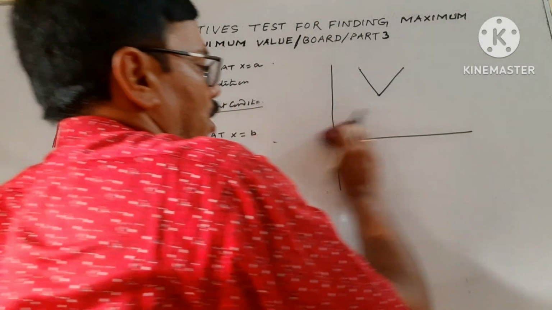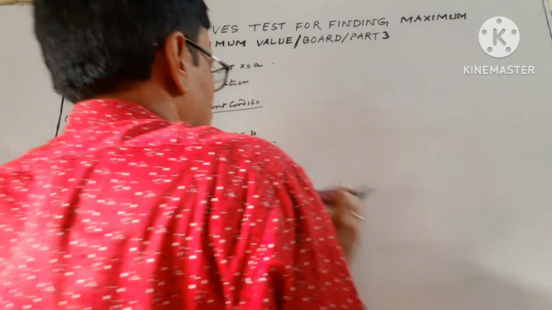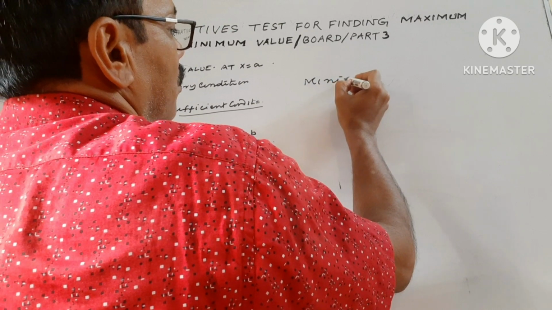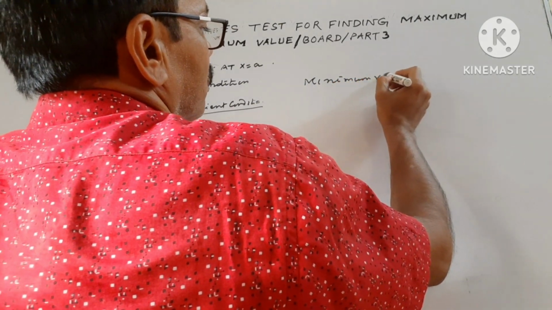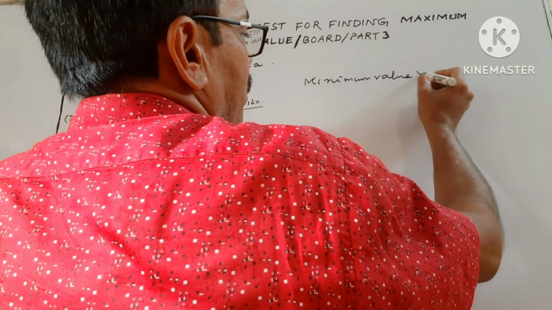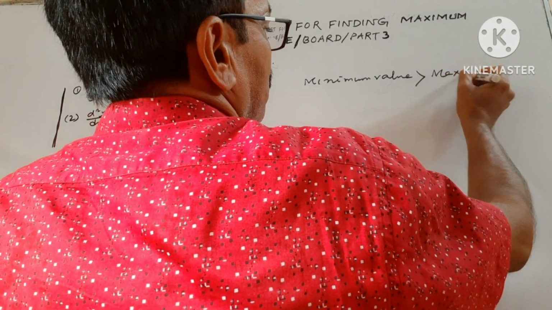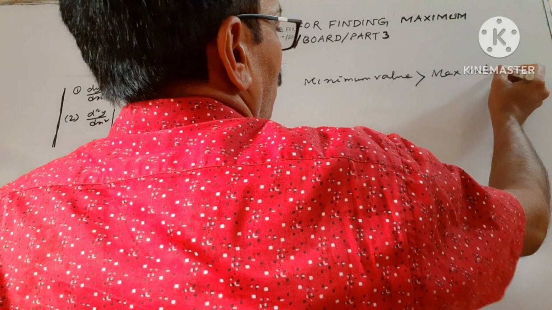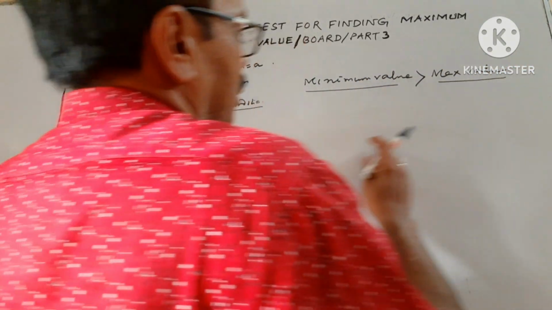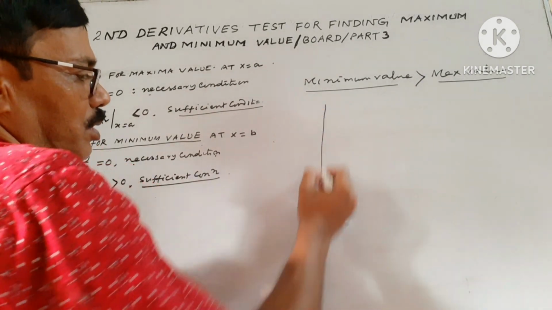And number 2, you have to remember this one. This is also an important point: minimum value may be greater than maximum value.